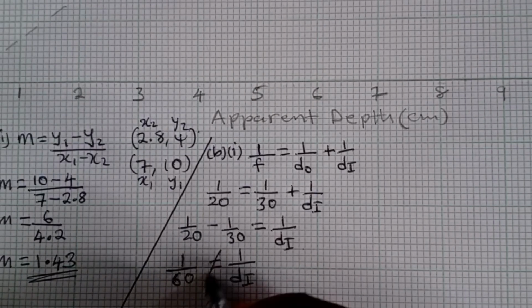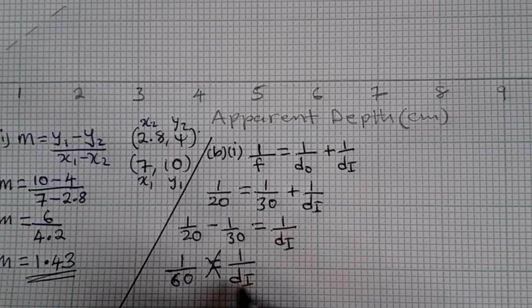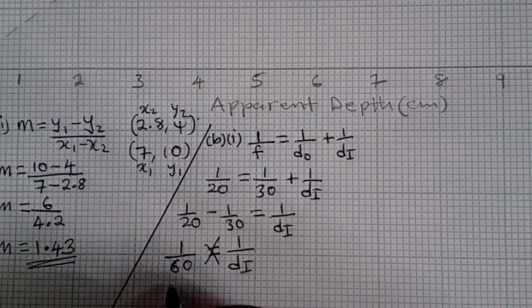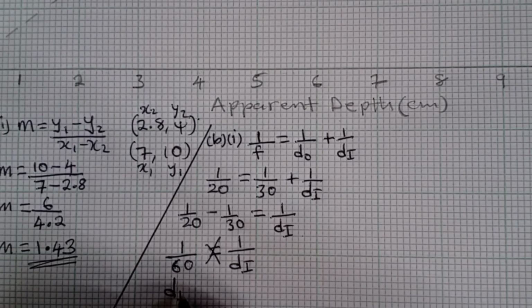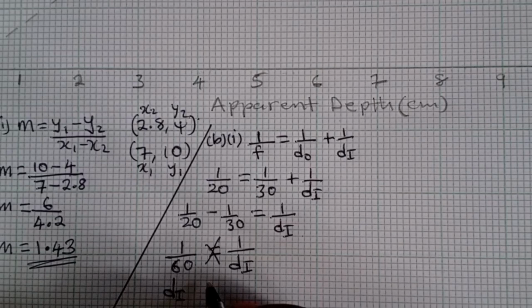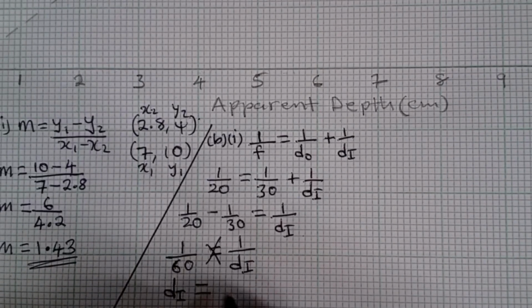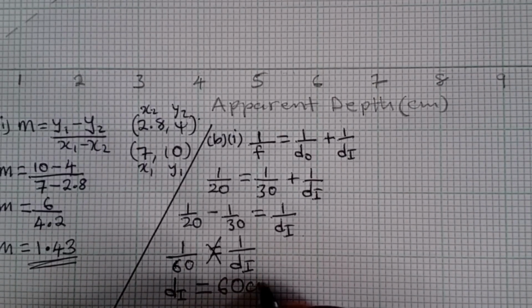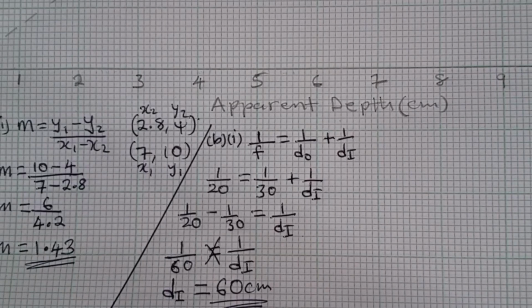Then you cross multiply. Distance of the image times 1 is distance of the image, equals 60 times 1, it is 60 centimeters. That is the answer.